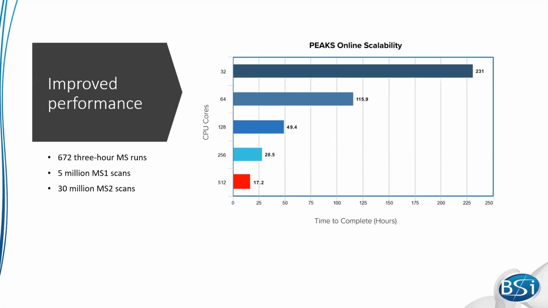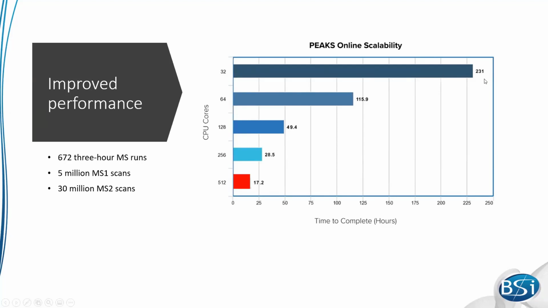Here we have an example case where we have a huge amount of data, 672 3-hour mass spec runs, 50 million MS1 spectra, 30 million MS2 spectra. With our Peaks Online interface, we're able to complete this run in 230 hours with a 32 core setup.